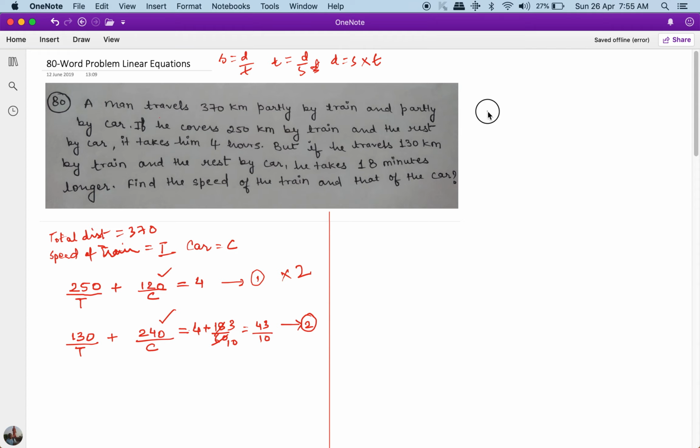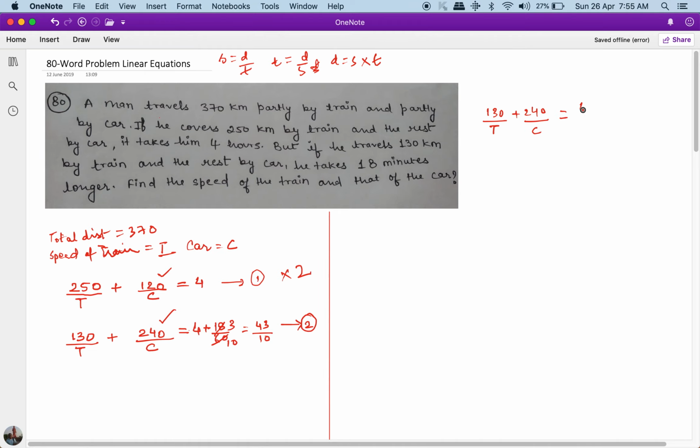I'll write the second equation first, which is 130 by t plus 240 by c is equal to 43 upon 10. And equation 1, when I multiply it by 2, becomes 500 by t plus 240 by c is equal to 8.